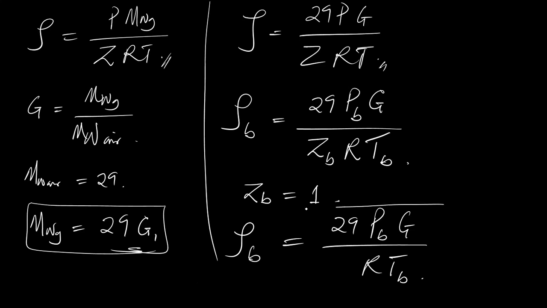So we have this. Now, at any other condition, density at the inlet will now be equal to 29 Pg all over Z1 RT1.